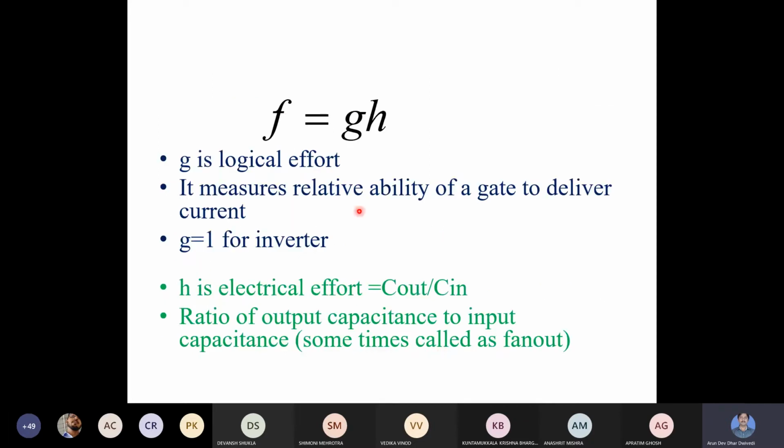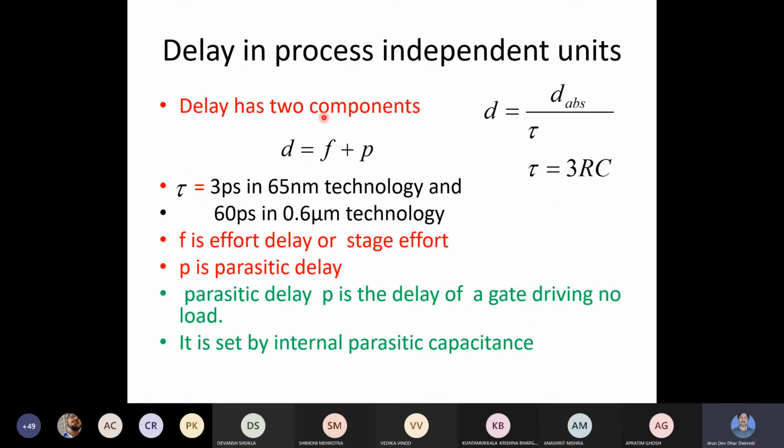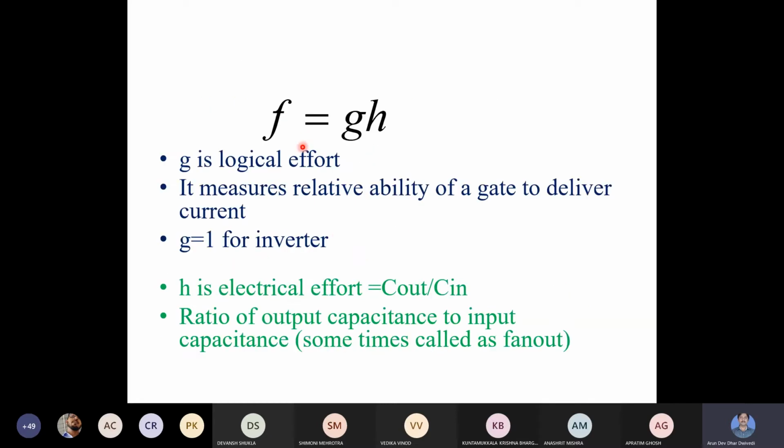F is further defined in terms of GH: F equals GH, where G is called logical effort. It measures the relative ability of the gate to deliver current, the same current as an inverter. So by an equivalent inverter we will compare.